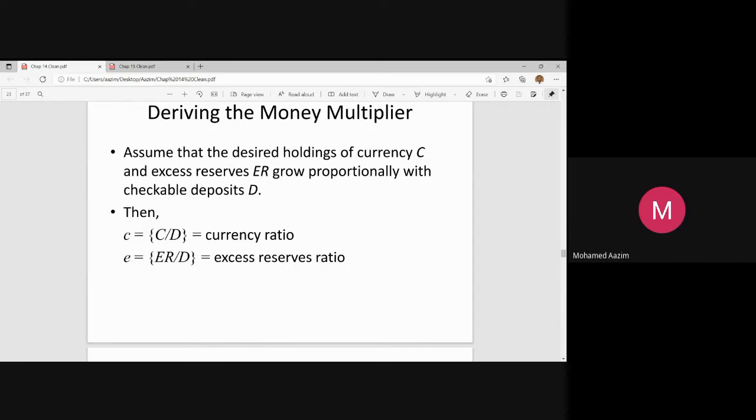Then similarly, you know the excess reserve ratio. It is excess reserves over deposits. We were talking about 4%, and I said 5,000 when it was 100,000 deposits. So 5,000 over deposit is the reserve ratio, right?